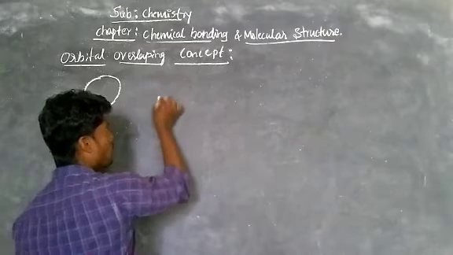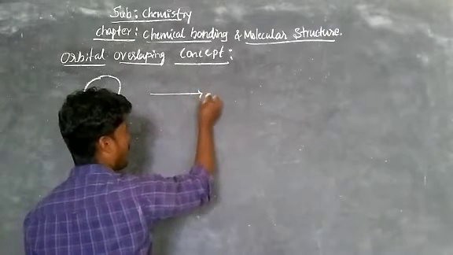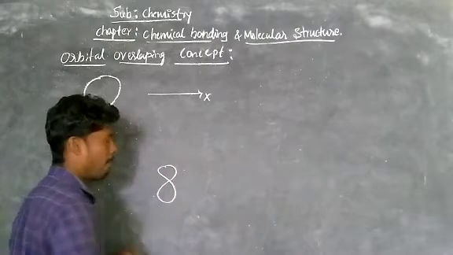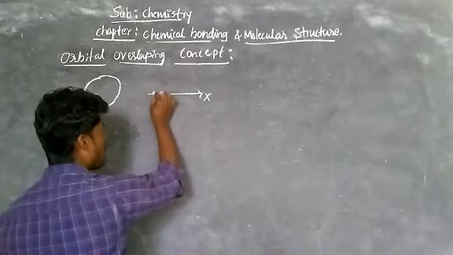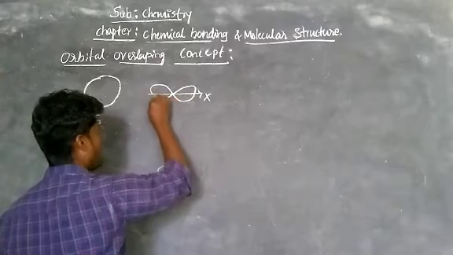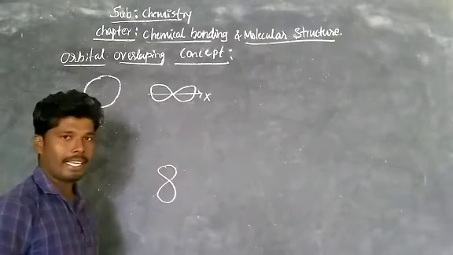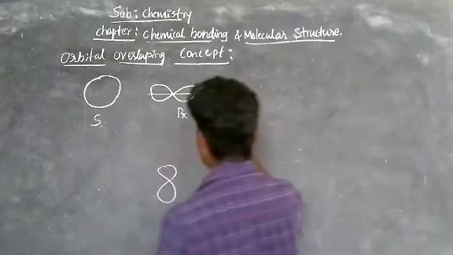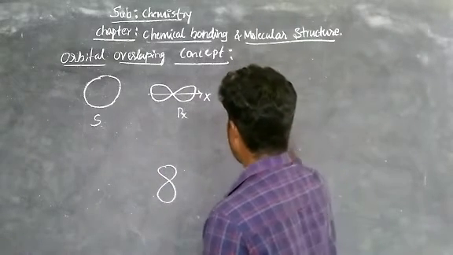Now let's assume this is the x axis. The p orbital is dumbbell shaped, right? Like that. This is a dumbbell, like an 8. Now this is present on the x axis. That is called the x orbital, that is px. Now similarly take the y orbital, this is the y axis, right?